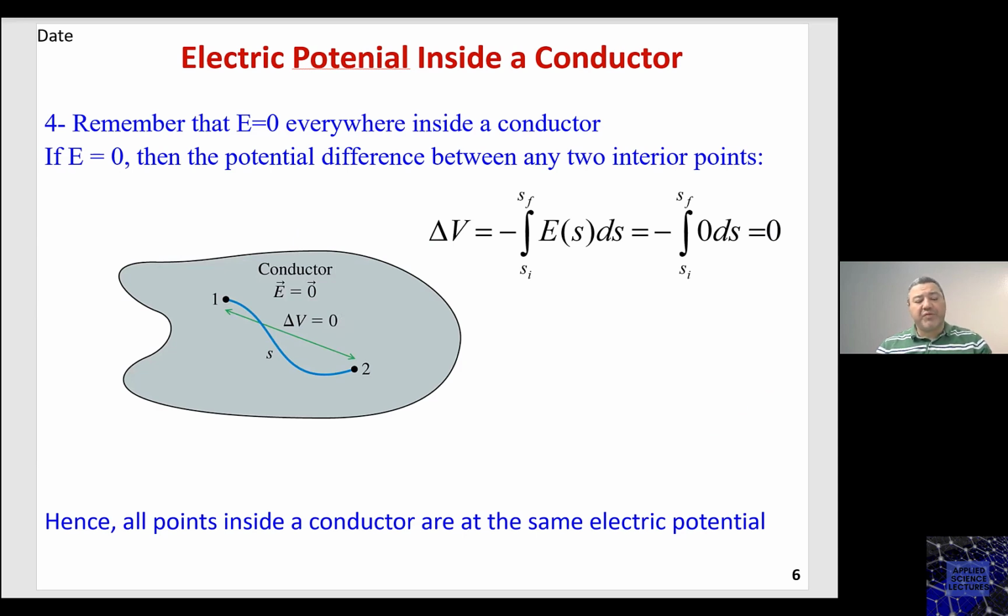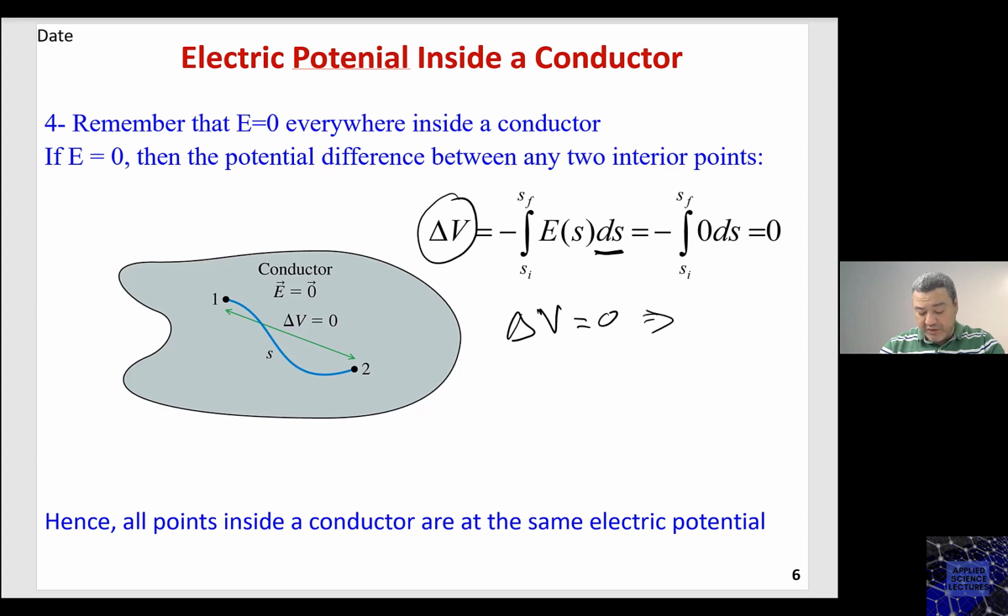Since the electric field inside the conductor is zero, as a result of this, we have seen earlier that the electric potential equals the minus integration of the electric field along the displacement vector. In this case, if we say that the electric field inside the conductor is zero, this means the potential difference will also be zero.